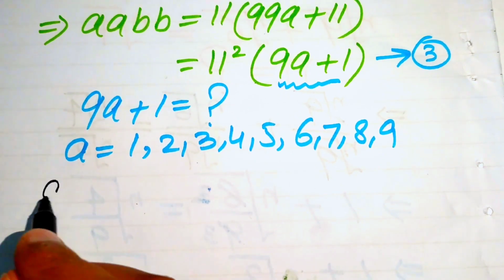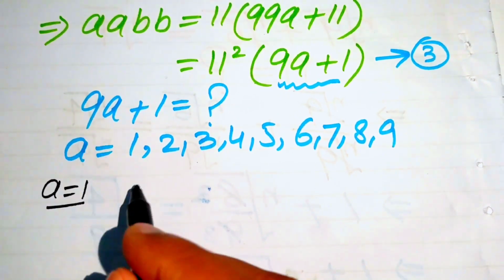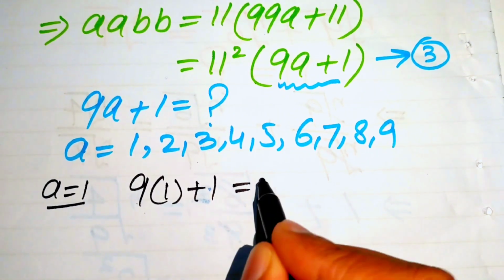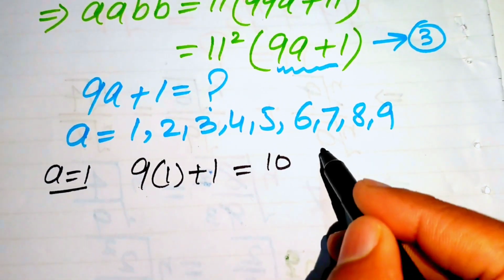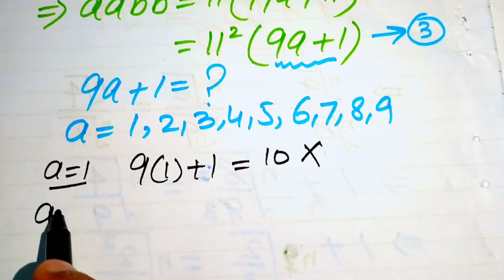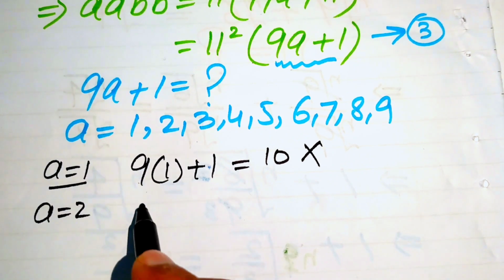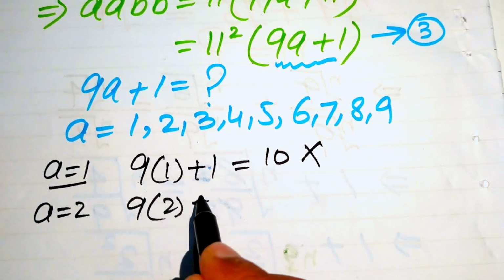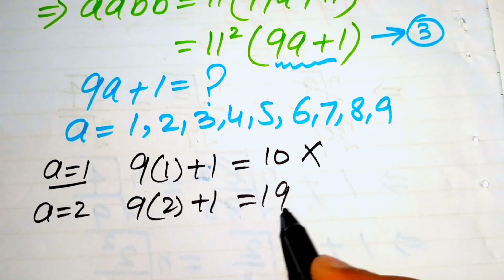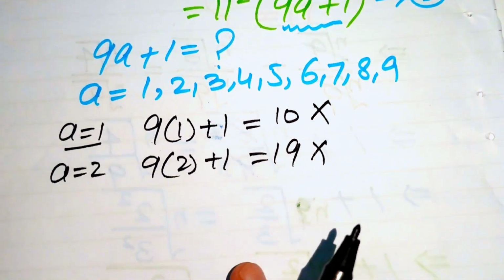If a equals 1, then 9 into 1 plus 1 equals 10, and 10 is not a multiple of 11. If a equals 2, then 9 times 2 is 18, plus 1 is 19, also not a multiple of 11.